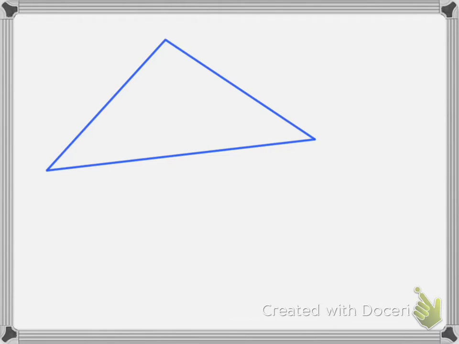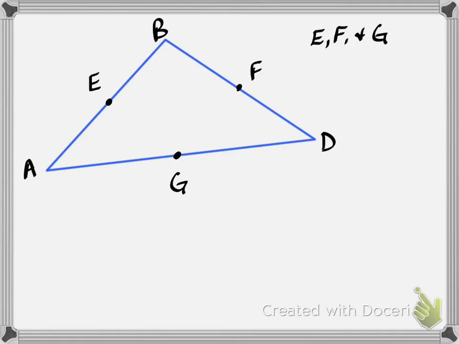So let's say this is ABC again. And let's just be consistent and call that E, F, and G. So let's say points E, F, and G are midpoints of triangle AB. Oh, I said ABD. Okay, ABD.